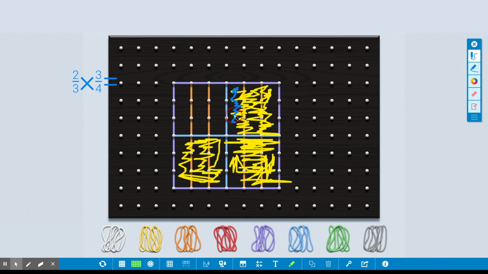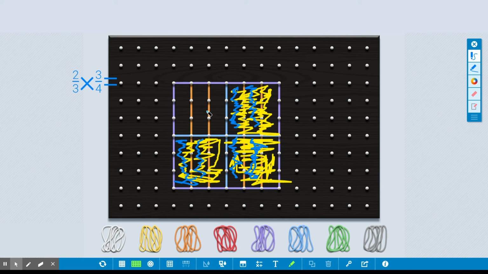So I'm shading on top of my yellow 3/4. So 2/3 of my first fourth is filled in. Going to my second fourth. 2/3 of my second fourth. 2/3 of my third fourth.